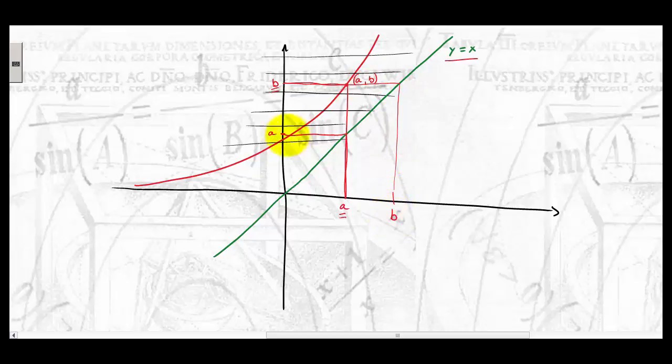And so now I have the point (b, a) right here. The relation we already established is that it is symmetrical with respect to the line y equals x, and this is one point on the graph of the inverse function.